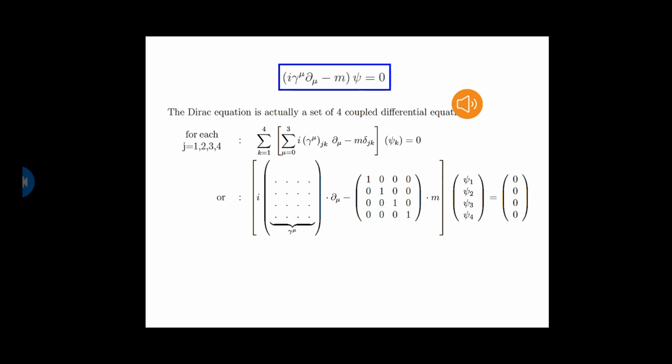Or iota gamma mu, a 4 cross 4 matrix, dot partial mu, minus 4 cross 4 identity matrix dot m, into psi 1, psi 2, psi 3, psi 4, is equal to 0 0 0 0. This is called vector form or matrix form of covariant form of Dirac equation.